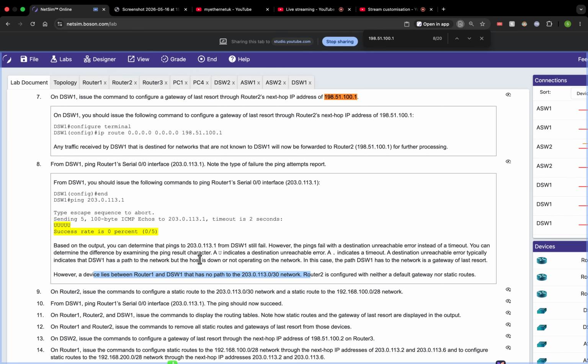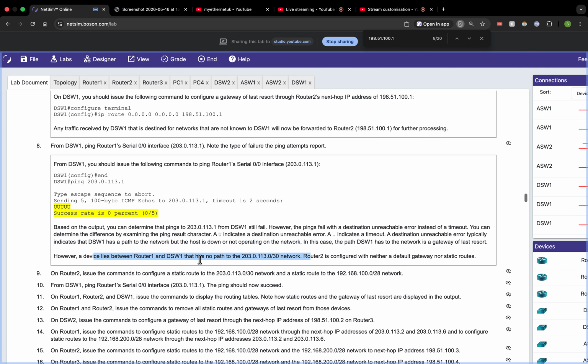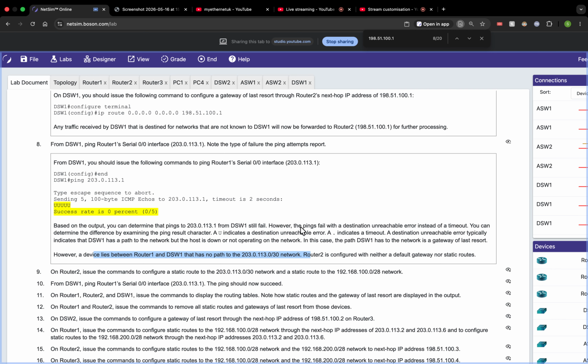Based on the output, you can determine that pings to 203.0.113.1 from DSW1 still fail. However, the pings fail with the destination unreachable error instead of a timeout. You can determine that difference by examining the ping result character. U indicates destination unreachable; just a dot indicates a timeout.